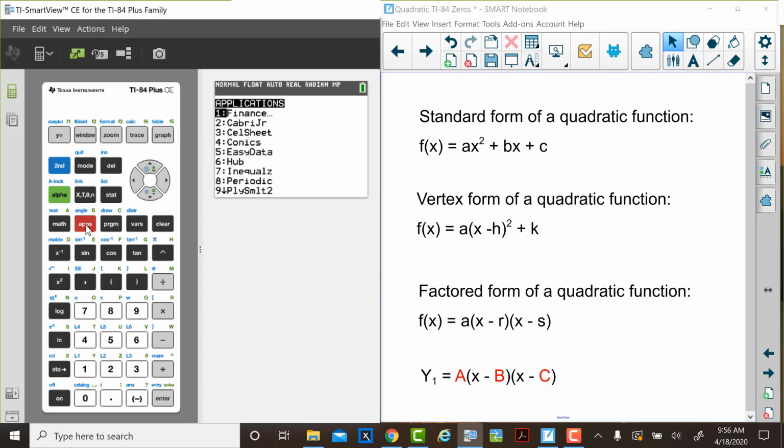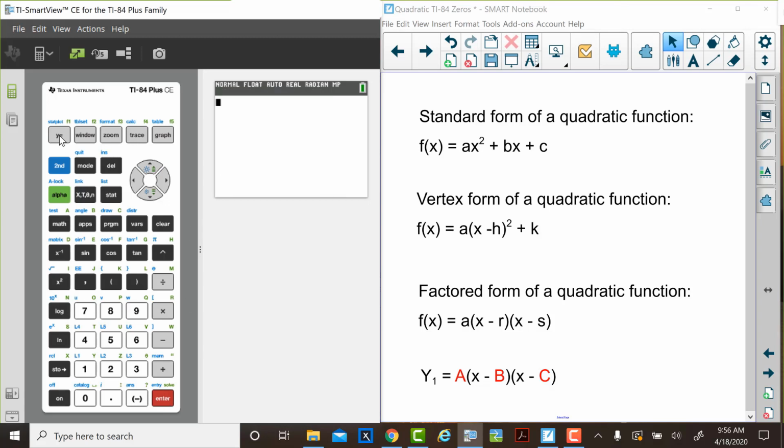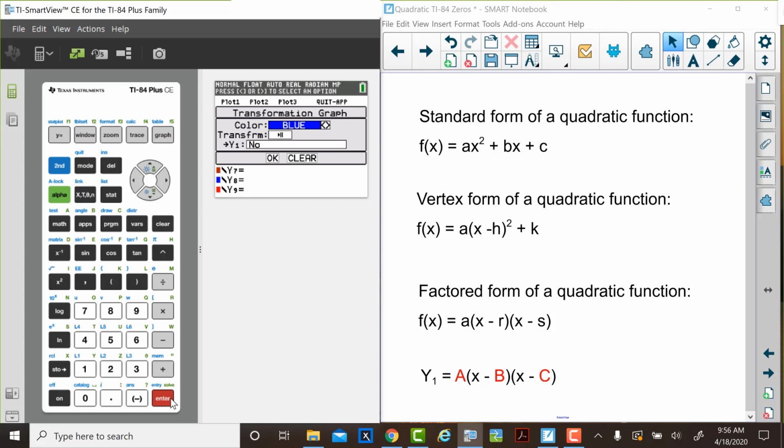Judy's going to press the apps key, and you may arrow up or down if you do this, and select transform. And the transformation graphing app will make the y equals entry look a little different. In the TI-84 Plus CE, or the TI SmartView software, you can arrow to the left of the Y1 and press enter, and arrow down to Y1 in this screen and choose various preloaded functions.